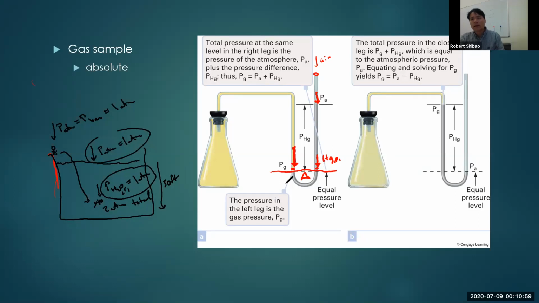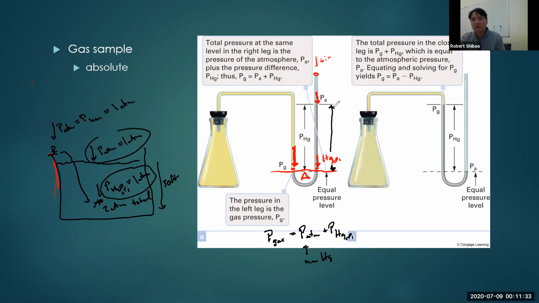And so what that means is the two weights are equal here. So the pressure of the gas inside this flask is equal to the pressure of the atmosphere plus the pressure of the liquid mercury. Conveniently, the pressure of the atmosphere is measured using the barometer, so we have millimeters of mercury. And then here, we can just measure how many millimeters of mercury we have from here to here.